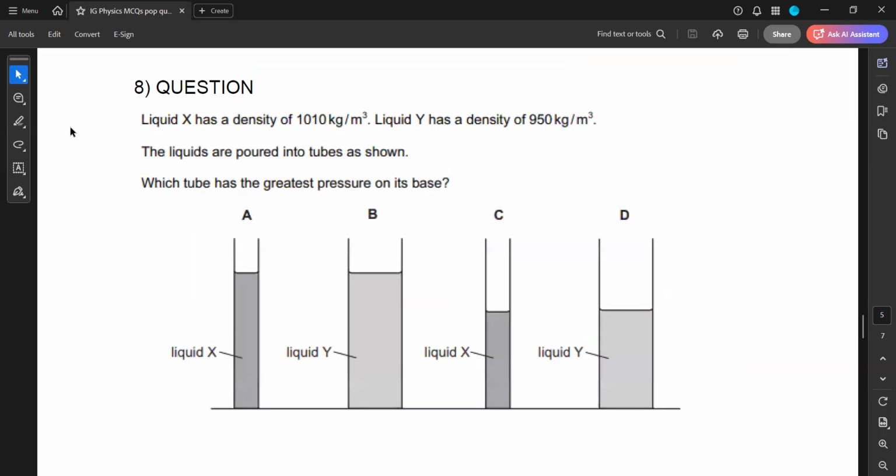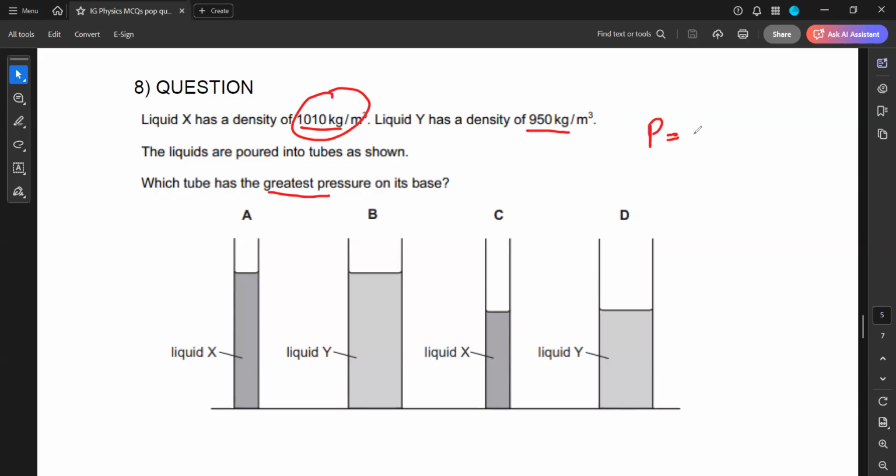Question 8, liquid X. As you can see, liquid X has a density of 1010, and liquid Y has a density of 950. So liquid X is denser than liquid Y. The question is which has the greatest pressure?